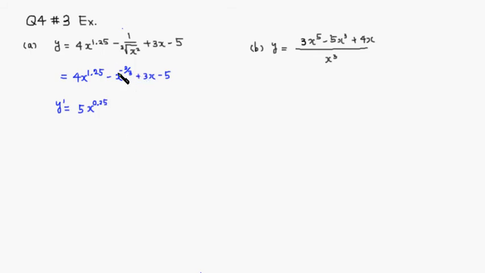Then for the second term, we put negative 2/3 in front. There's already a negative sign, so it's going to be a positive 2/3.